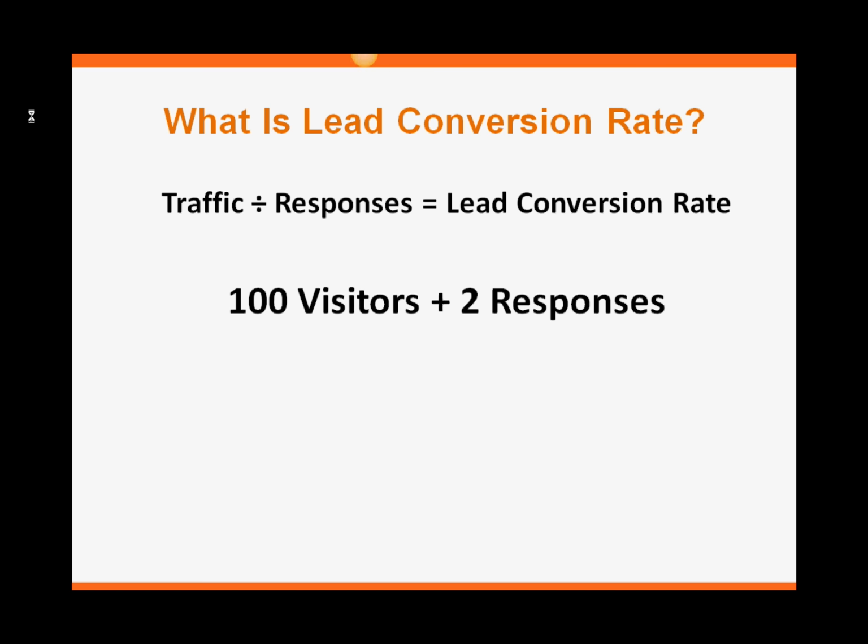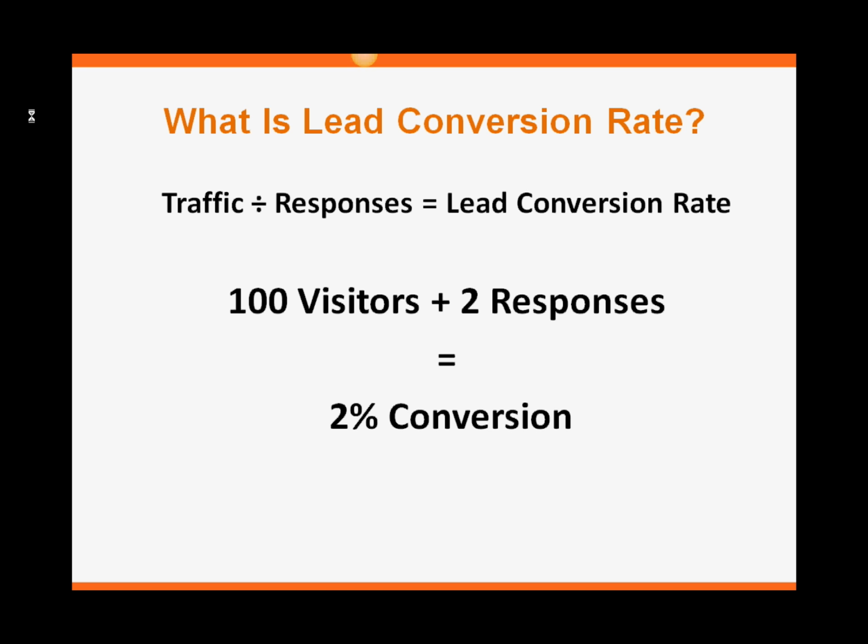I know bloggers right now, and we've talked to some in webinars in the past, who have about a 2% conversion rate. But if you have hundreds of people coming to your blog in the course of a week or a month, that can work to some pretty decent numbers. So what we need to do is take a look at the actual website traffic.